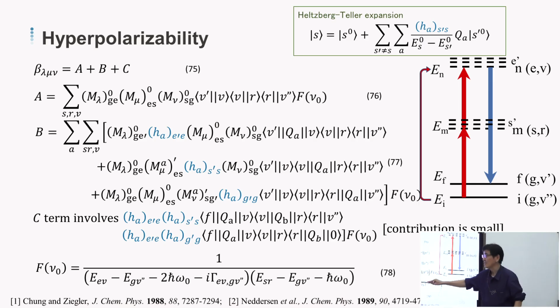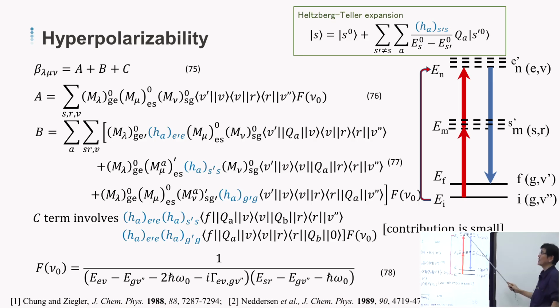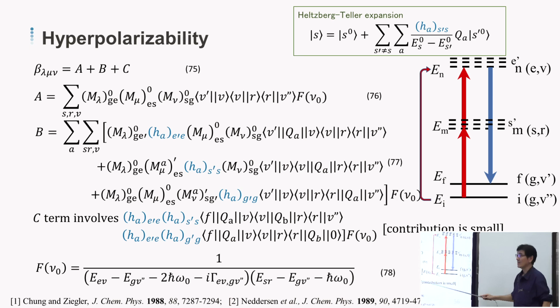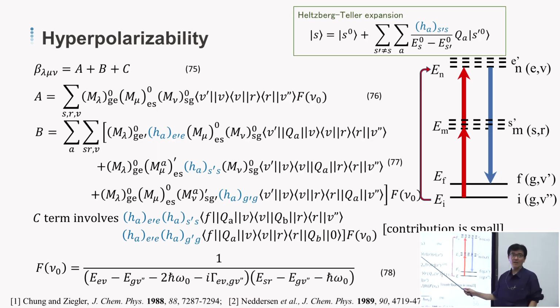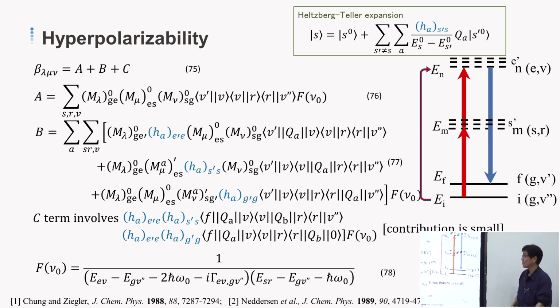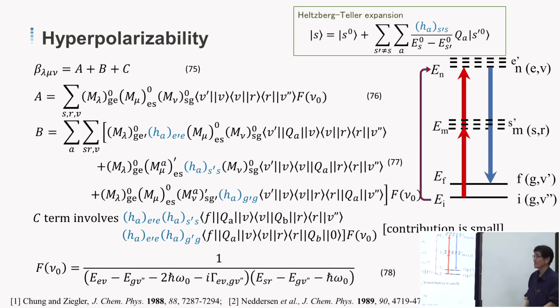C term involves twice the additional term, and this is too small to discuss. So usually we discuss contributions from the A term and B term. And in most cases, the A term is the most important, the strongest.